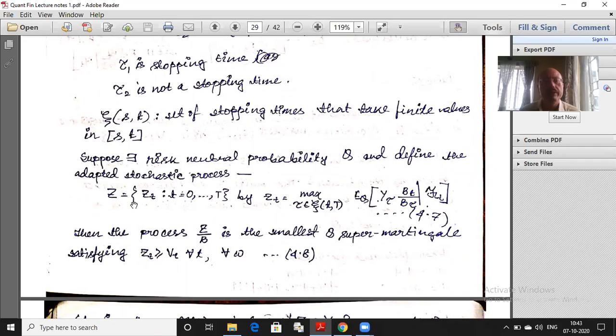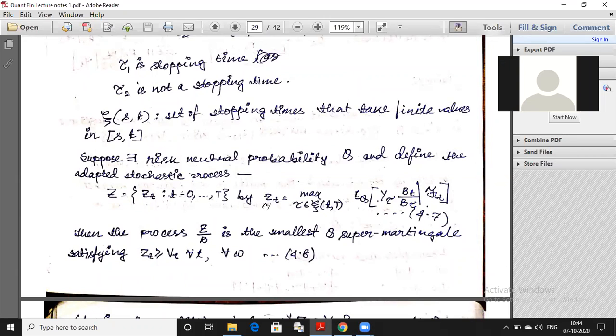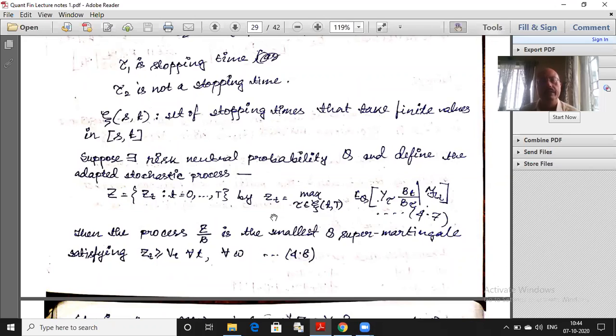And now I define this adapted stochastic process capital Z defined for each time point 0 to capital T by this expression that I evaluate ZT as maximum over expectation of Y tau, where tau is one of the stopping times in the interval t to capital T. So the idea is the following. I start from a time point t and I look forward up to capital T and I identify all the possible stopping times.